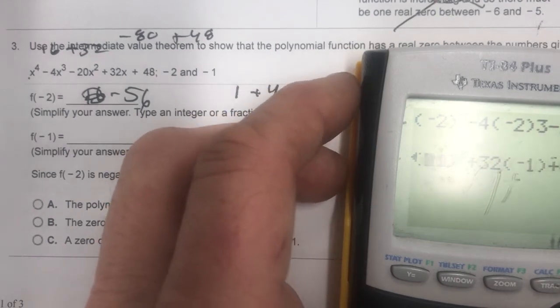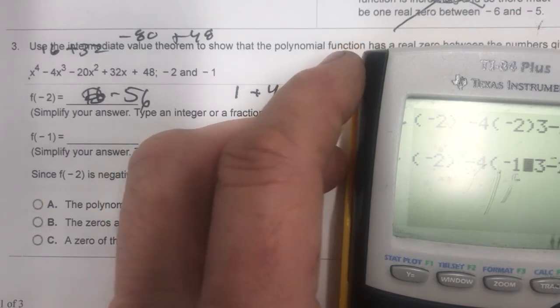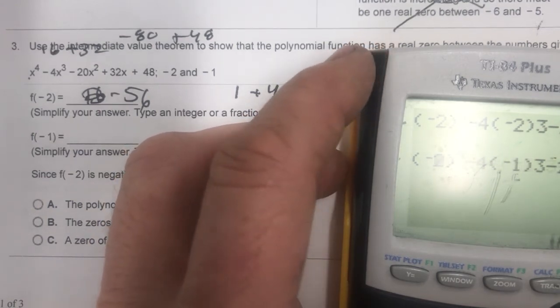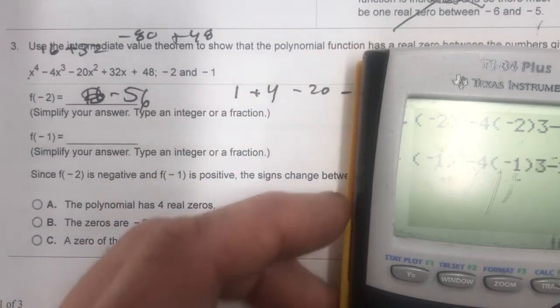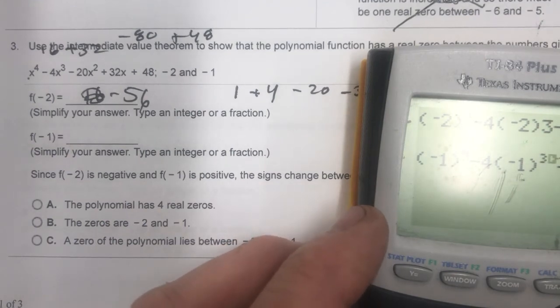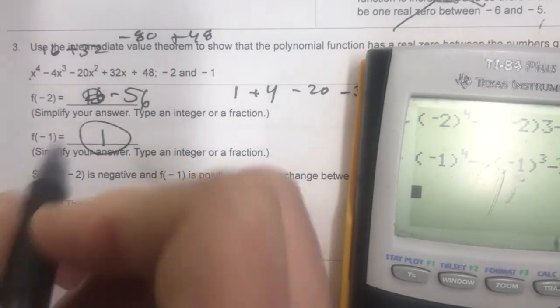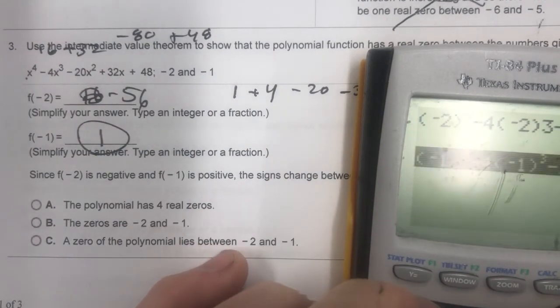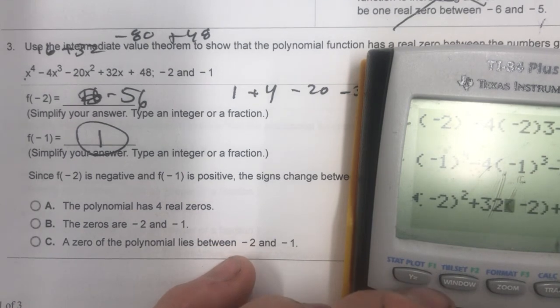So I make mistakes sometimes when it's early. Oh no, I made a mistake on punching this in, because this right here should be the third power. Okay, I got 1 on this one. That's what I got when I did it in my head. Let's go back up to here, because I made a mistake here. I don't have third power.